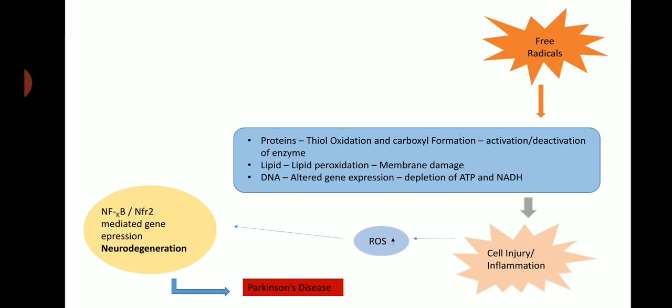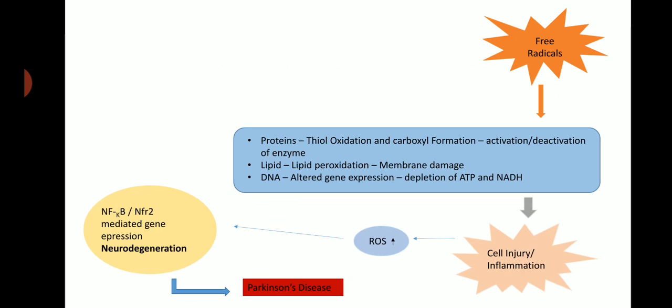The action of free radicals on protein is thiol oxidation. Thiol oxidation is the oxidation of an organosulfur compound, which occurs in the presence of bases.